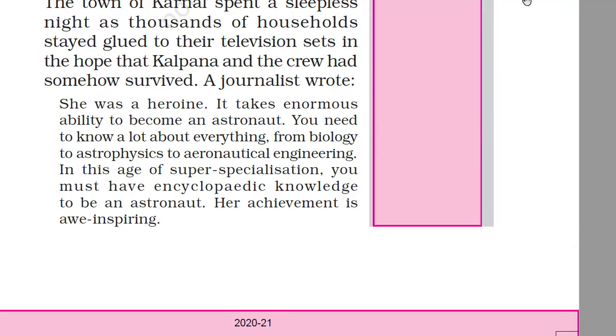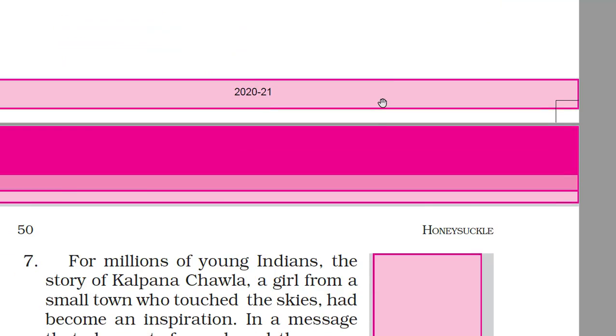Because if you want to be an astronaut, you should have knowledge of these three things: biology, astrophysics, and aeronautical engineering. And at that young age, she had all this knowledge. So that's why she was a heroine.